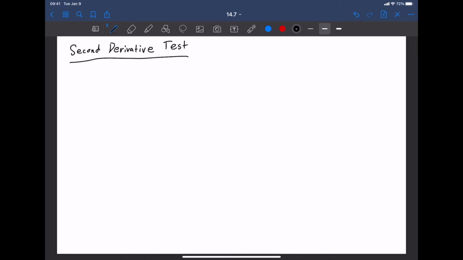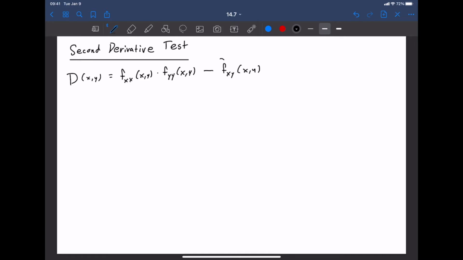We're going to define this function D of a point, of any input, will equal f sub x x, the second partial derivative with respect to x evaluated at that point, times f sub y y, the second partial derivative with respect to y twice at that point, minus the second partial derivative with respect to x and then y at that point, squared.